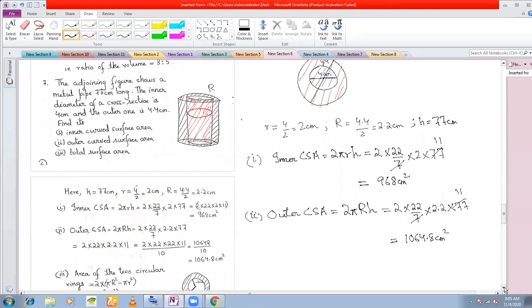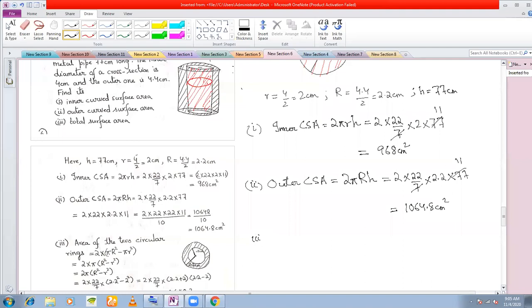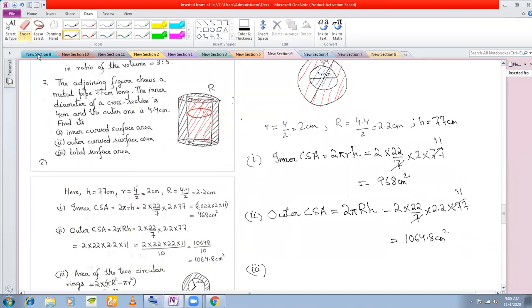The last part is to find the total surface area. Now, what is the total surface area of this hollow cylinder?